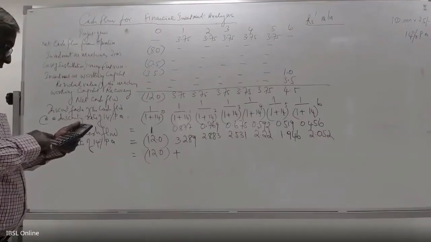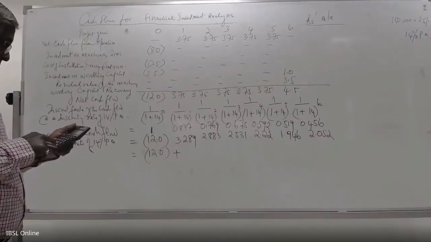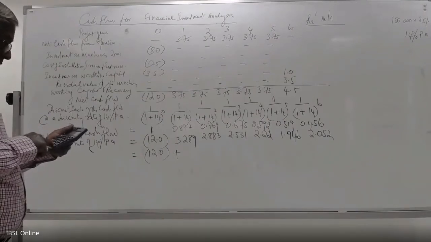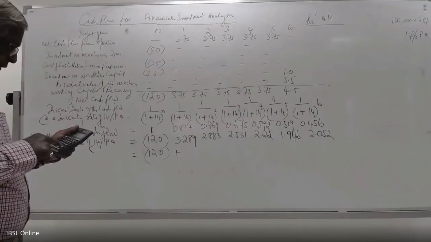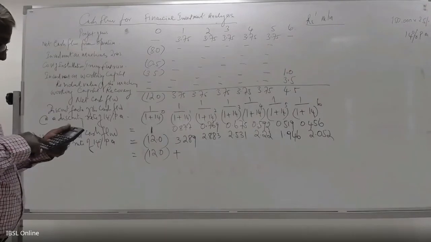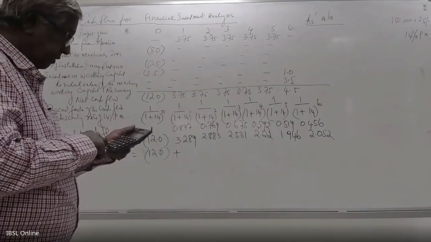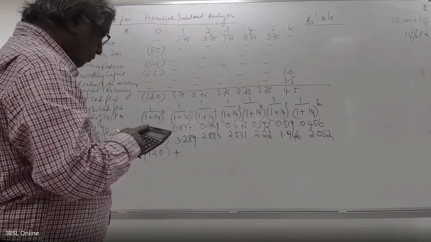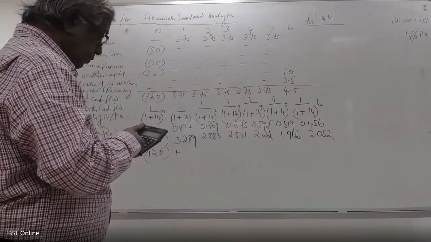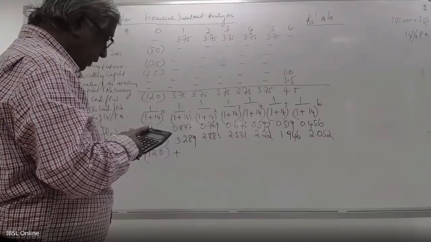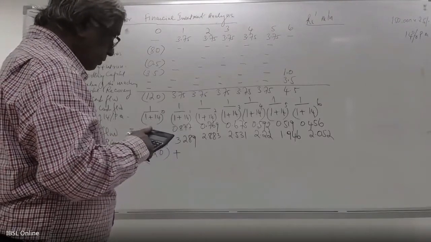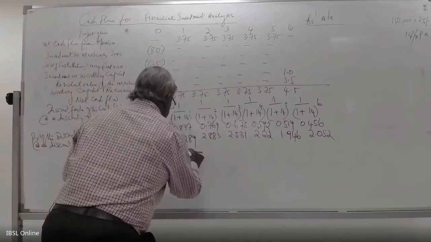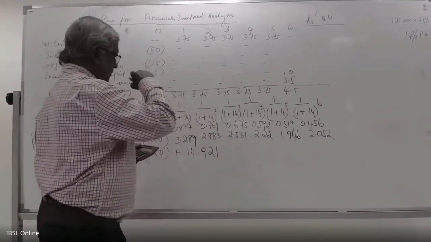So 3.289 plus 3.289 plus 2.883 plus 2.531 plus 2.22 plus 1.946 plus 2.052 equals 14.921.